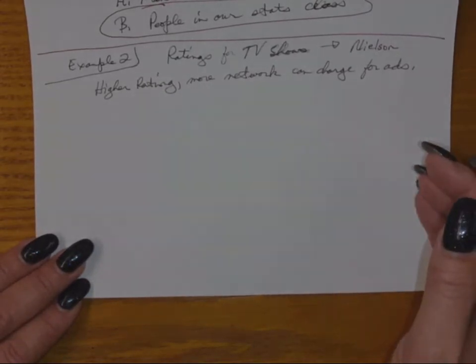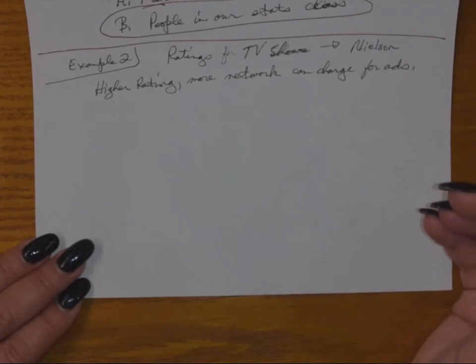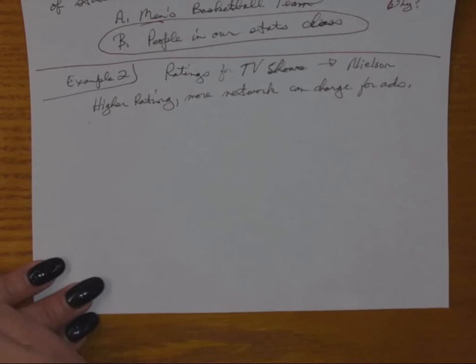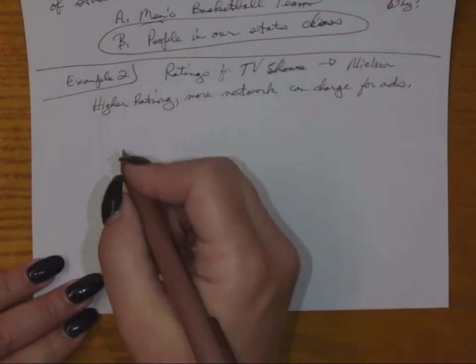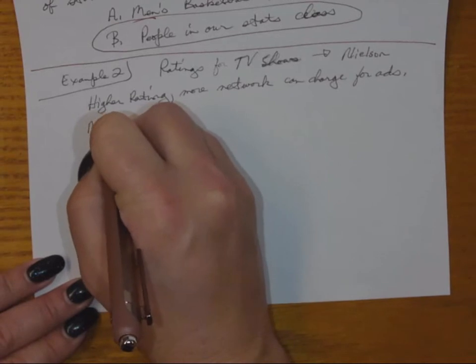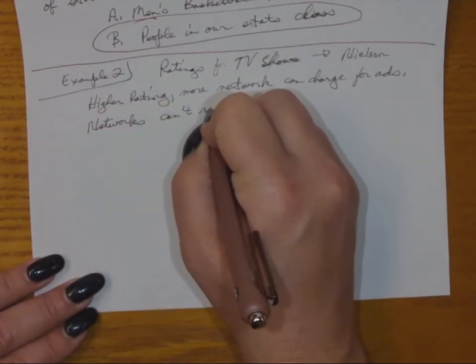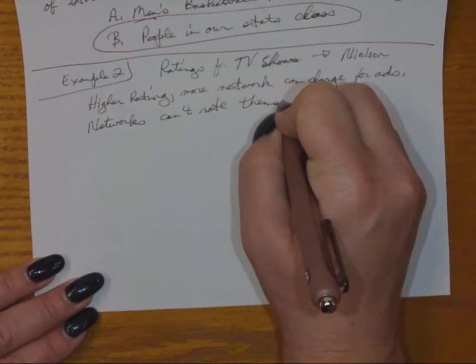The problem is, if you were paying for an advertisement and you wanted to show off some product that you had, and the network was the one who told you what the rating was, would you trust them? Probably not, right? So I hear you in Webster brain saying, no, I wouldn't trust somebody who gave themselves a rating, right? So the networks can't rate themselves. I mean, they can try, but it's not advisable, right?